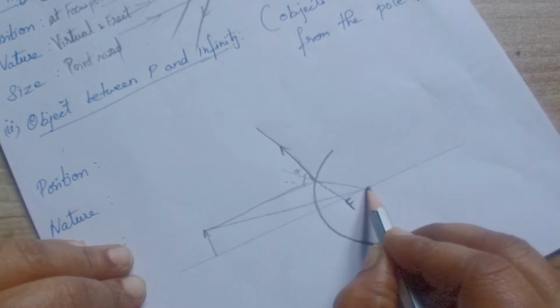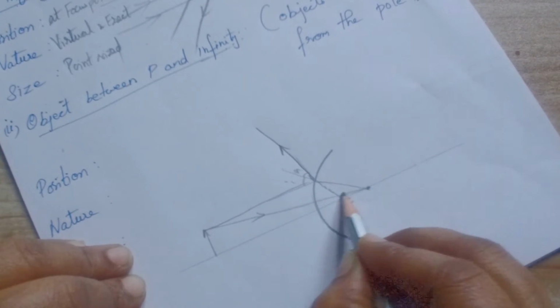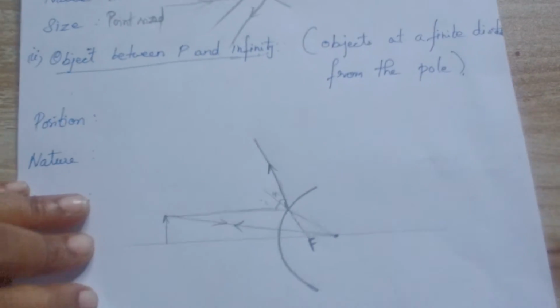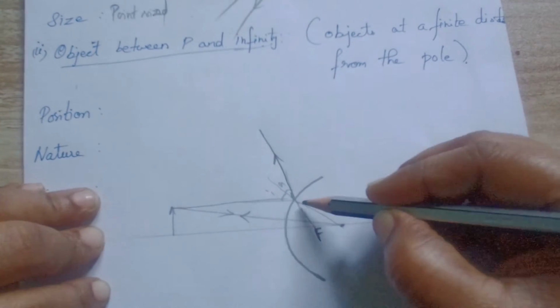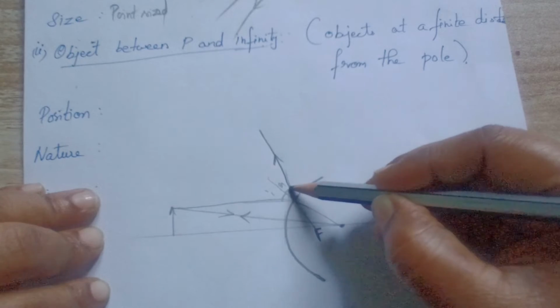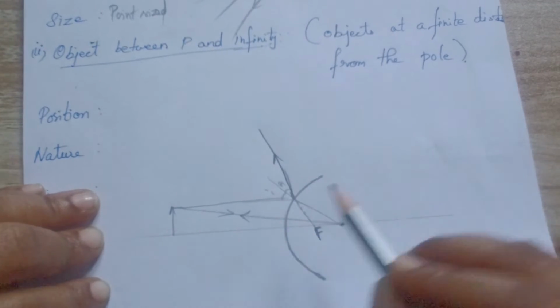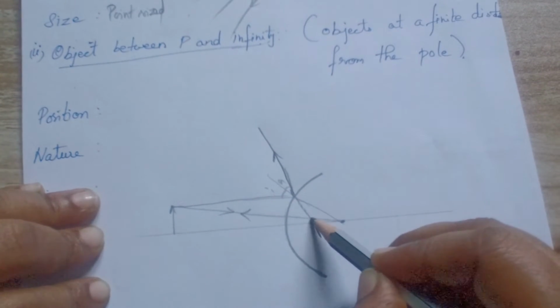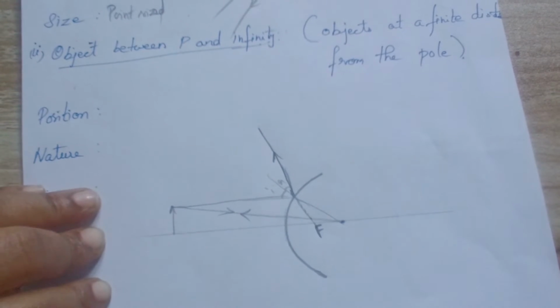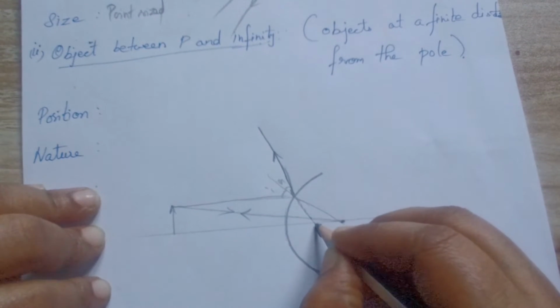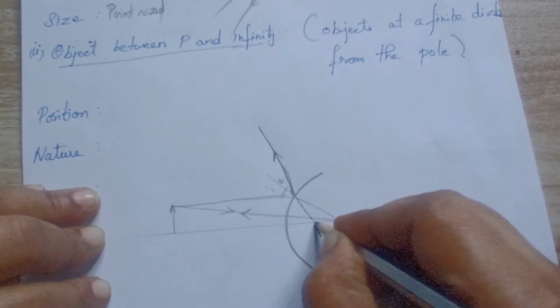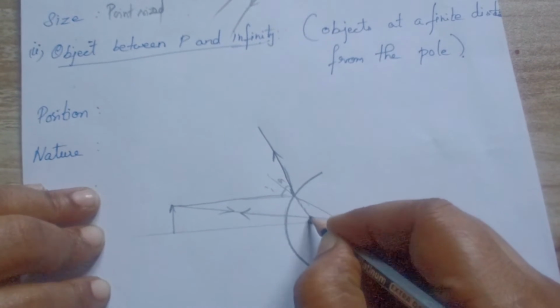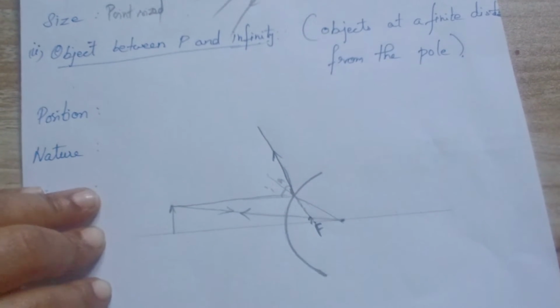When the rays pass through the center of curvature, it will reflect back in the same path, right? So the meeting point of these two rays, this is your reflected ray, this is your reflected ray, the meeting point is here. This is your focus point and this is your image. Your image will be formed here.